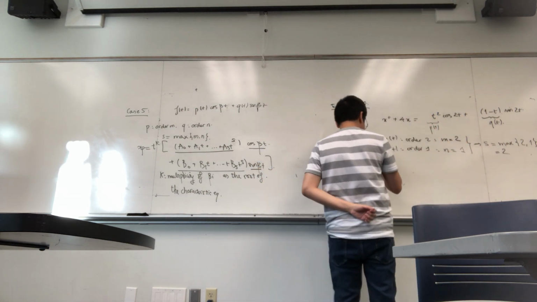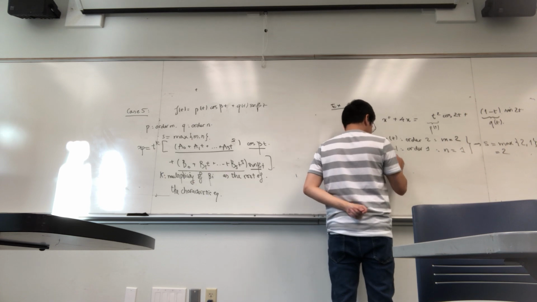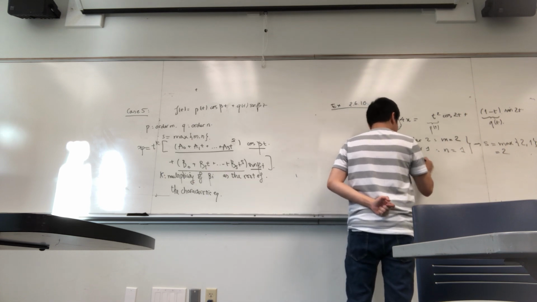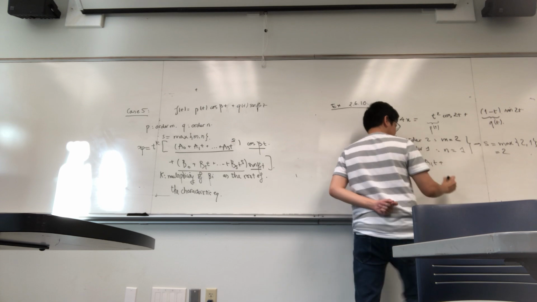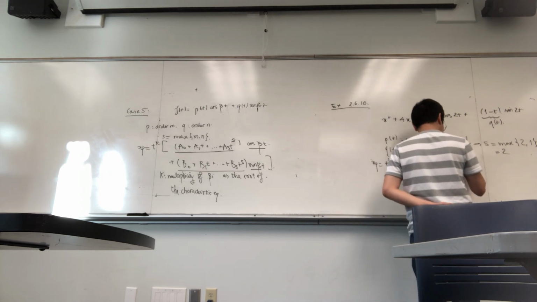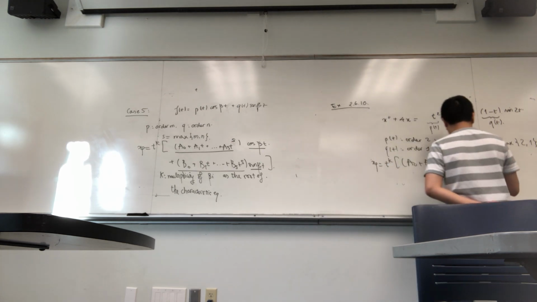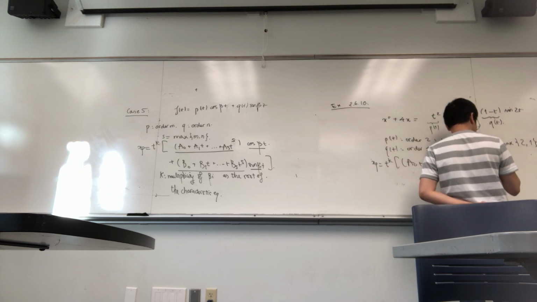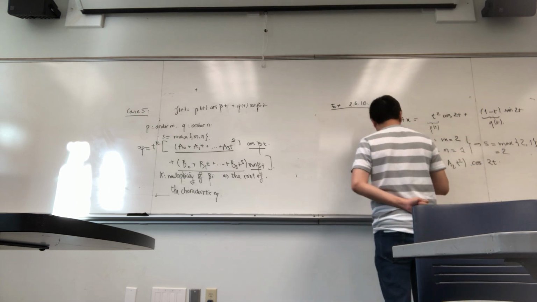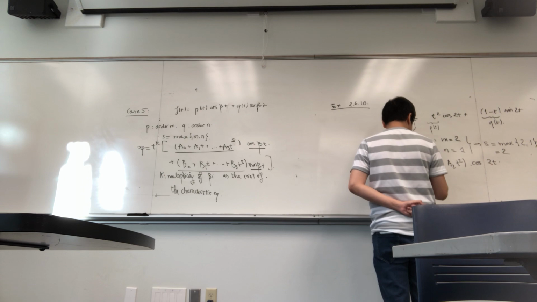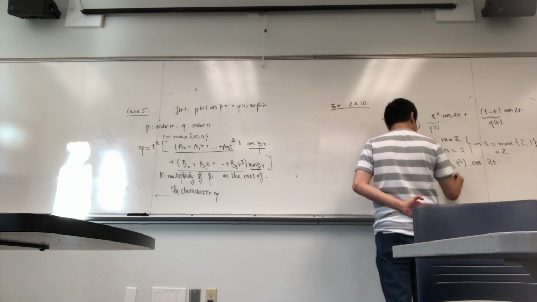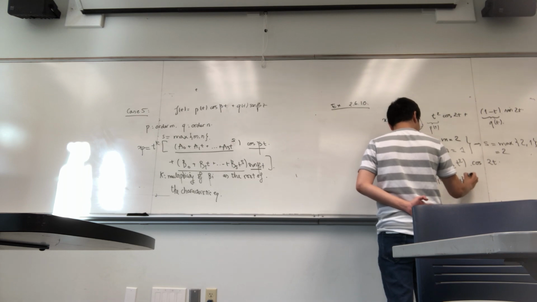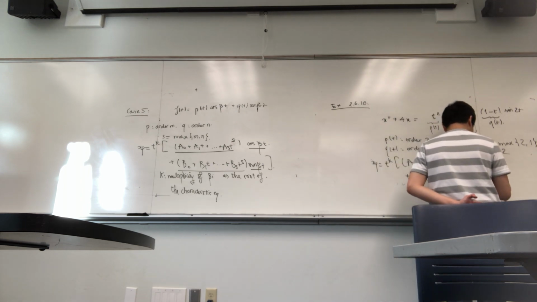So you're going to have xp is t to the k times (a0 plus a1 t plus a2 t squared) cosine of 2t plus (b0 plus b1 t plus b2 t squared) sine of 2t.